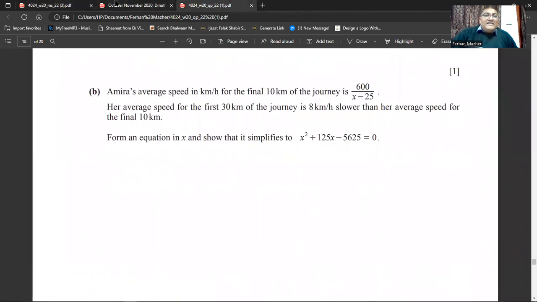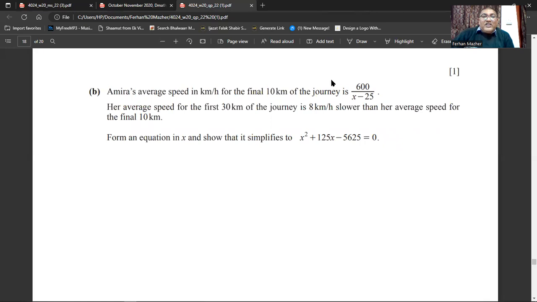Then he says, this is the A part. The B part: Amira's average speed in kilometers per hour for the final 10 kilometers of the journey is 600 divided by X minus 25. Her average speed for the first 30 kilometers of the journey is 8 kilometers per hour slower than her average speed for the final 10 kilometers.